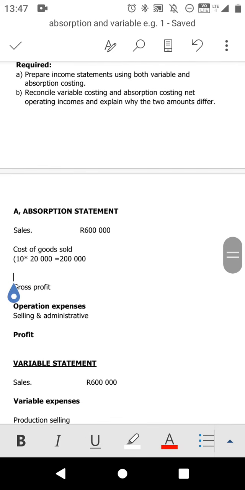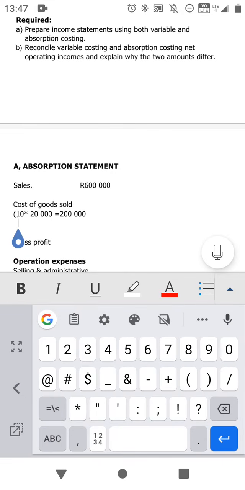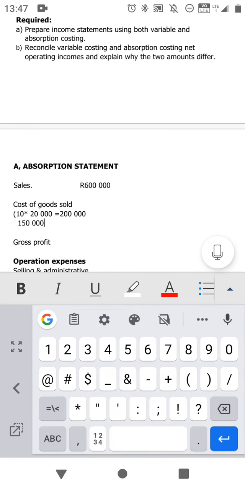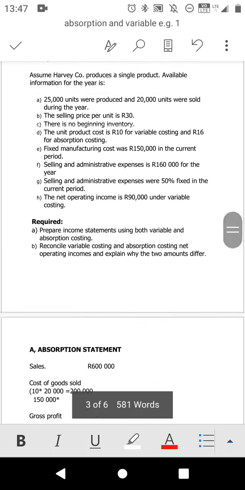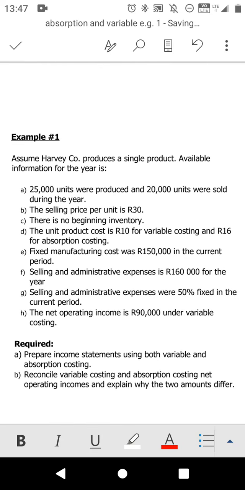Remember, this 150,000 was accounted for all the product, including the other 5,000 which is closing stock because it was not sold. So 150,000 is for 25,000 units, and we are looking for the amount for 20,000 units.